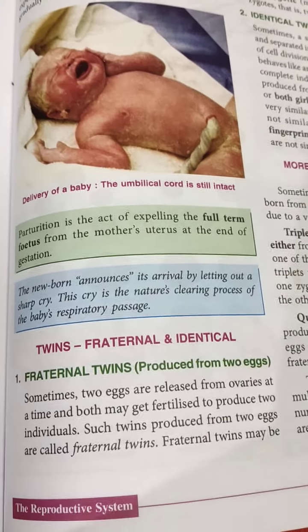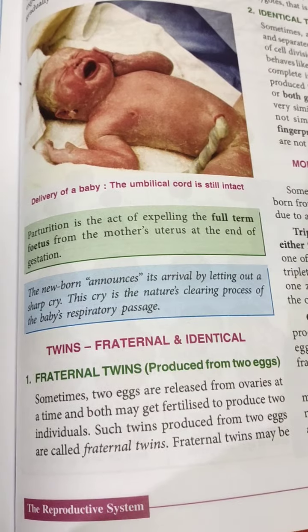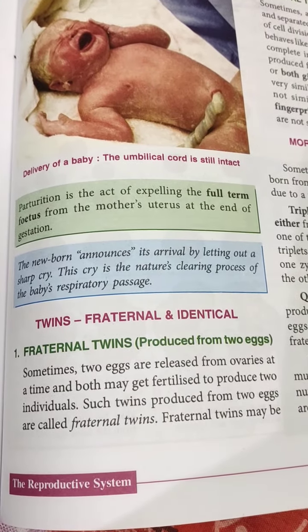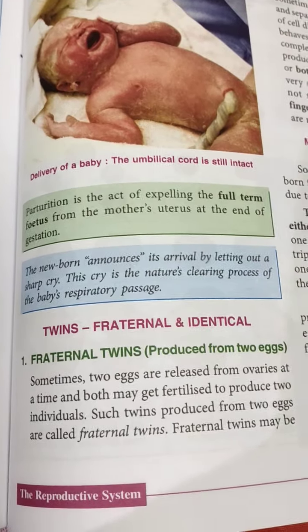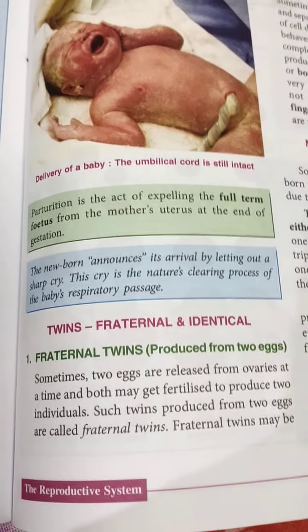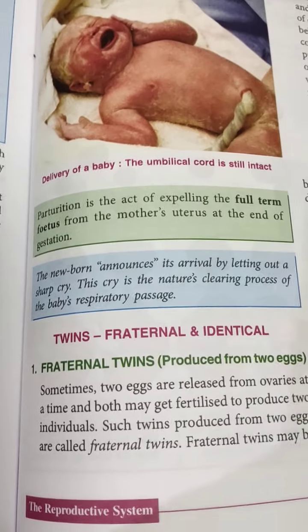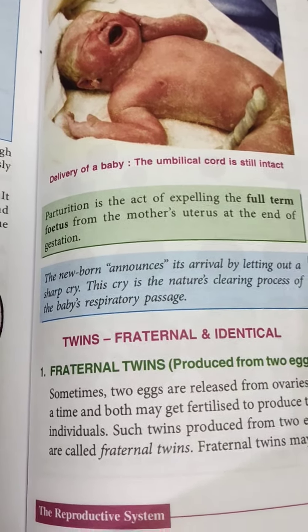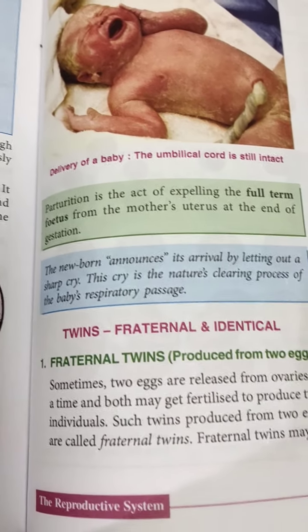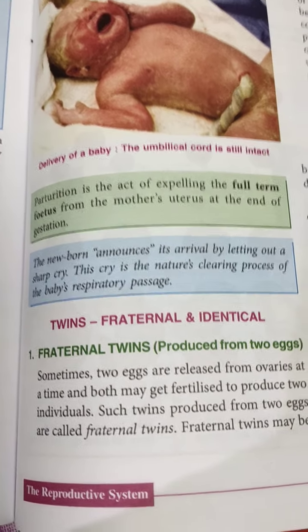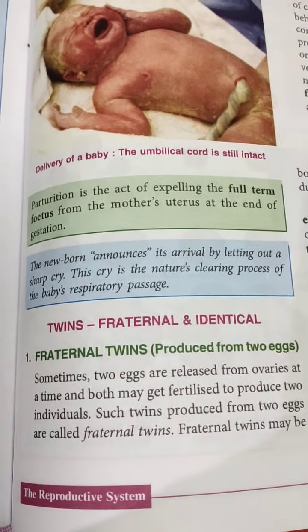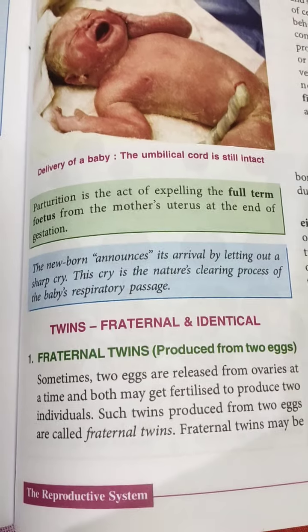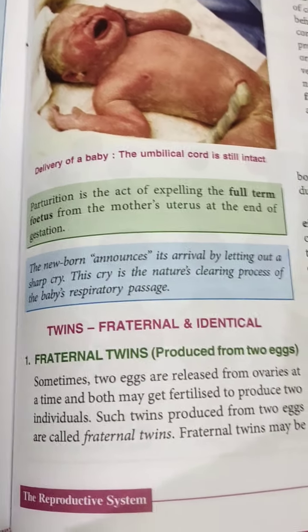Those are fraternal twins because they come from two different eggs, so their looks, gender and characteristics can all differ. They are known as diovular or dizygotic, because two different eggs are released from the ovaries at a time, and both may get fertilized to produce two individuals. Such twins are called fraternal.